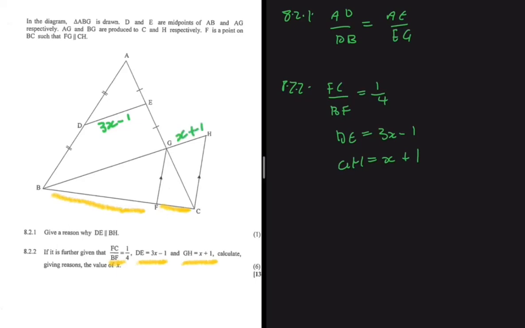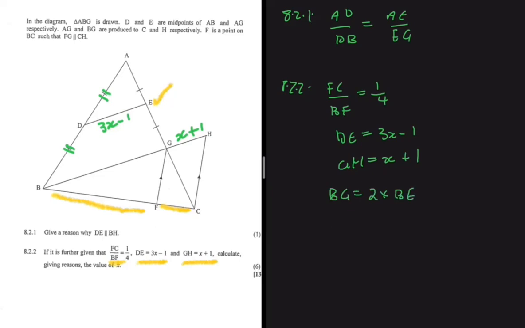If DE cuts AB and AG such that AD is equal to DB, right? You can see here, because of these lines that are given, that AD is equal to DB. If DE cuts AB such that AD is equal to DB, then we can say that BG is equal to 2 times BE. Right?